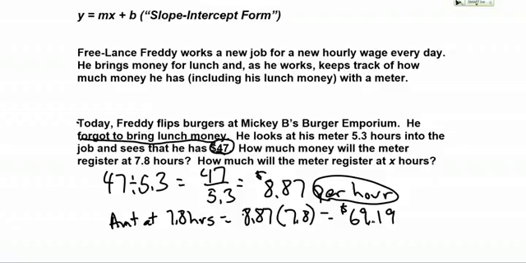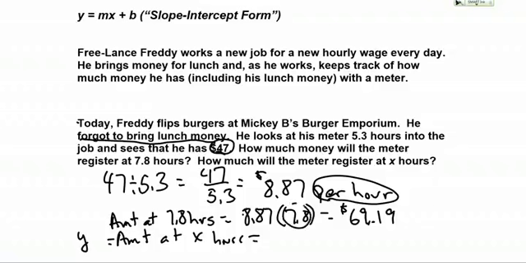Now, we don't really care too much about Freelance Freddy. He's a nice guy, but we're not too concerned about finding his amount of money hour per hour. What we'd like to do, at least for this lecture's purposes, is find the amount at x hours. In fact, let's call that another variable called y. We would do the very same thing we did in the numerical example.